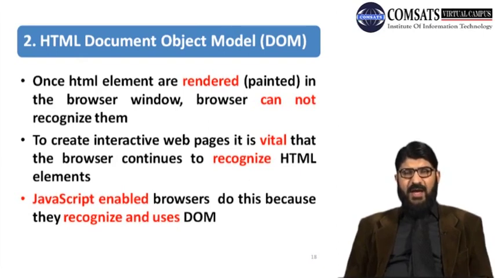So if we want an interactive user interface on a web-based application, then all the HTML elements rendered on the web browser have to be understandable by the browser. JavaScript enables the browser to do this with the help of DOM. So the HTML DOM can recognize and use the HTML elements after rendering or displaying on the web browser.